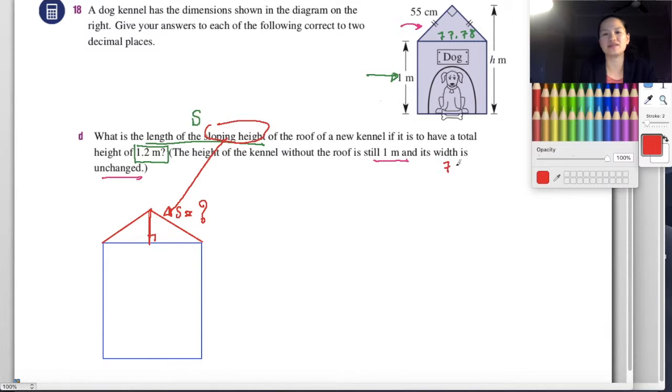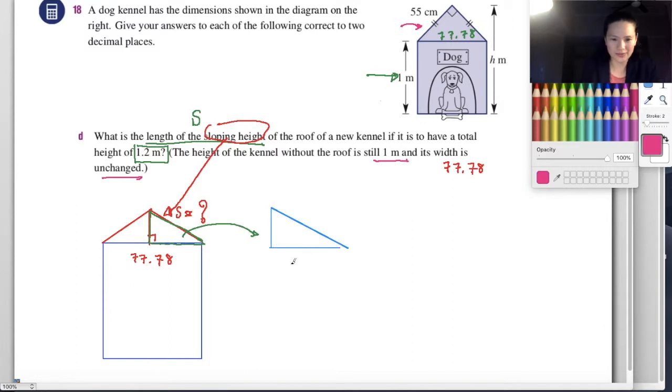So that means the width is still 77.78, all of this. If I just write out this picture for you, it tends to look similar like this. I use another color up here. Can you see that?